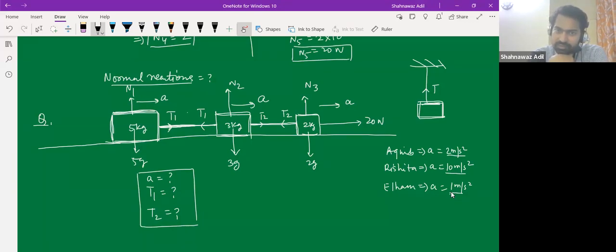Sir, there is nothing on the left side. So the 5 kg block has only tension, right? Yes, sir. So if you have calculated the acceleration, then you can calculate T1, right? Okay, so did you guys get confused at some point?